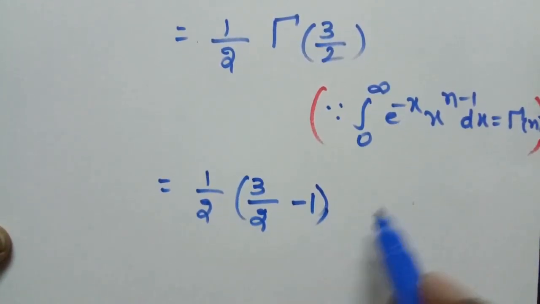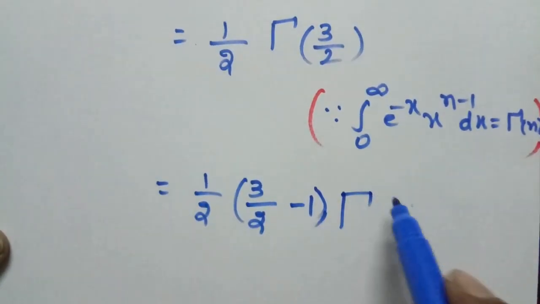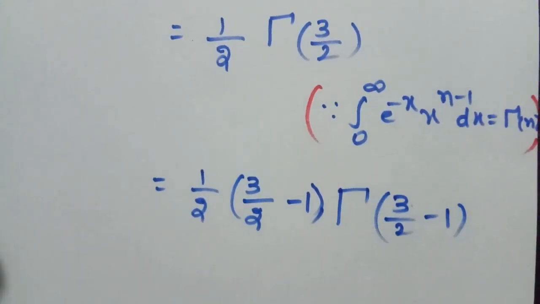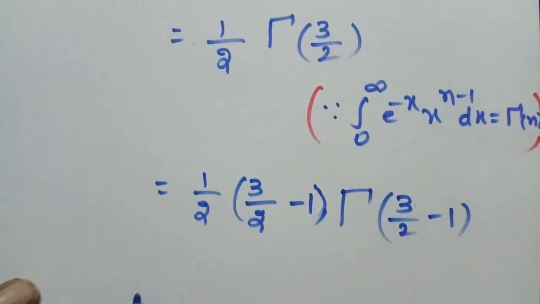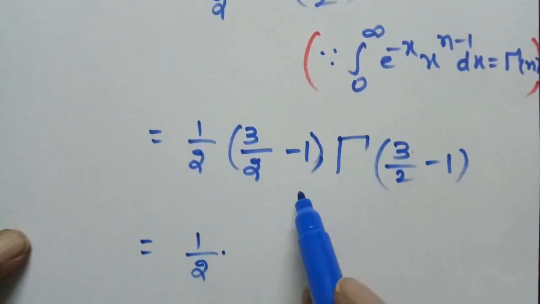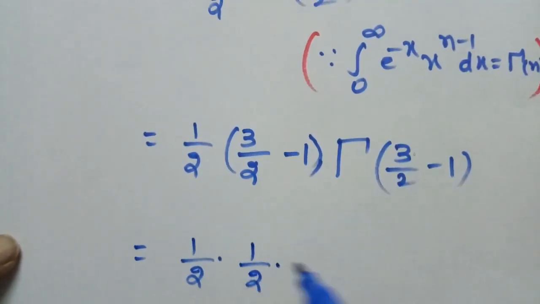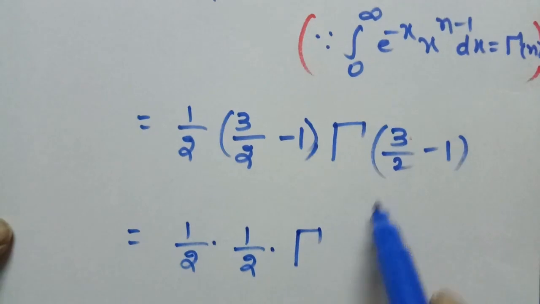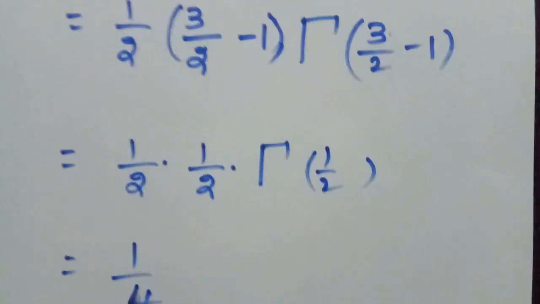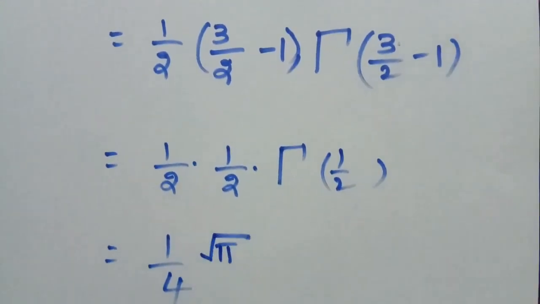If we write 3 by 2 minus 2, we will get a negative value, so we will stop here. 3 by 2 minus 1 and gamma 3 by 2 minus 1. So therefore, this is equal to 1 by 2 into gamma 1 by 2. Therefore, this is equal to 1 by 4 times gamma half. We already have this value, root pi.